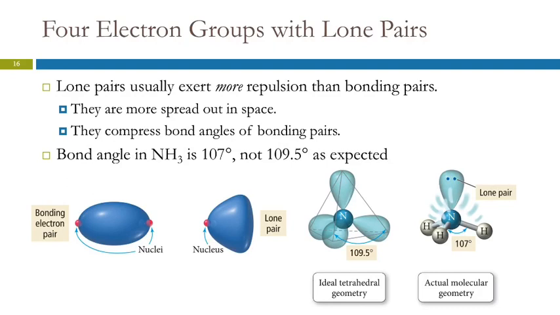He's nasty, right? Repulsive. So these will squeeze together a little bit. Instead of 109.5, for ammonia it's 107. It's a little less. And then if you were to measure the angle between the lone pair and the hydrogens, it would be greater than 109.5. Again, I don't expect you to remember 107, but you should be able to tell me that it's less than 109.5.